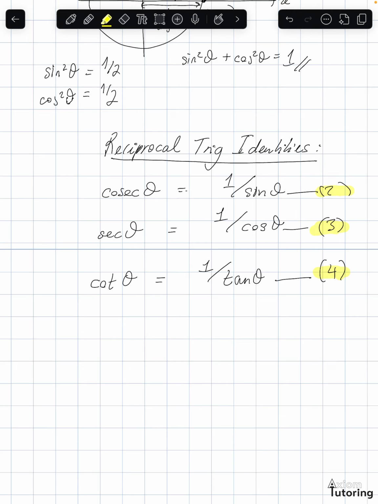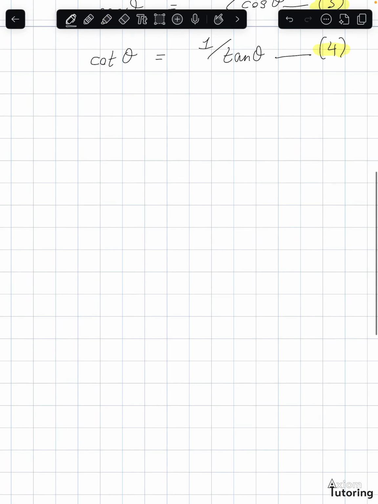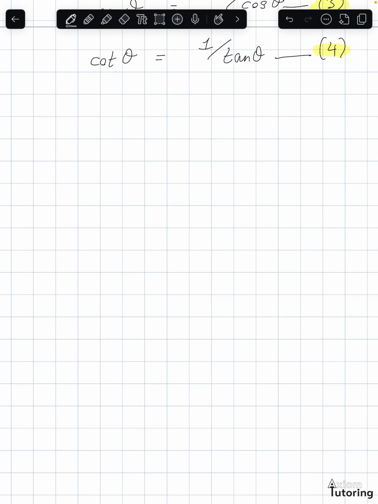Okay, so now on to deriving more identities. So what we're going to start with is we're going to go back to our identity 1. So we're going to start with identity 1, sine squared theta plus cos squared theta equals 1.